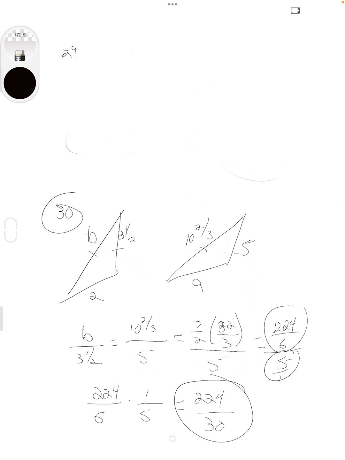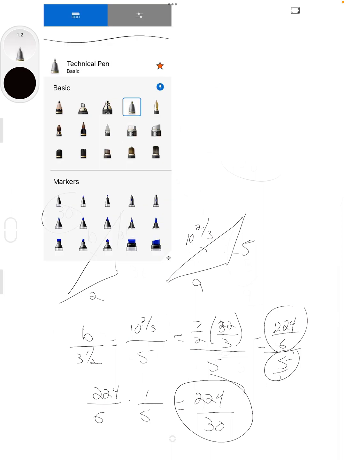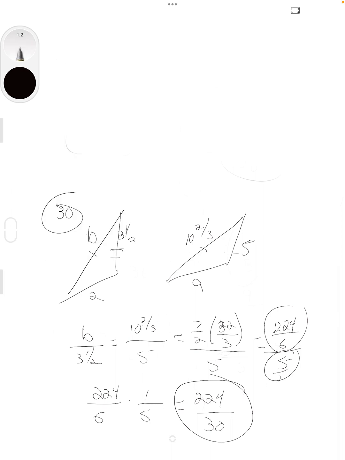Do the other one. Now, this piece is to this as this.